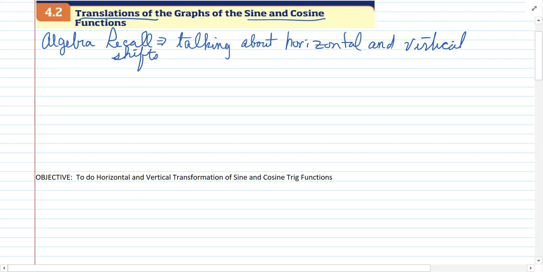Okay, so let's look at a parent function from algebra, and we're going to use our calculator. So we have the parent function y equals x squared. We know it's a parabola, and we know it has a vertex.